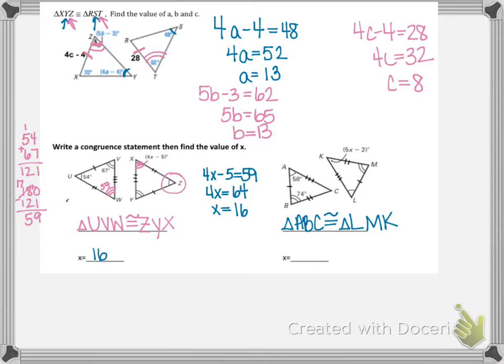Alright. So once again, we're in that situation where I've got C and I've got K. So let's see, I've got to add up 58 and is it 74? 74. And then I will take 180 minus that, 132.